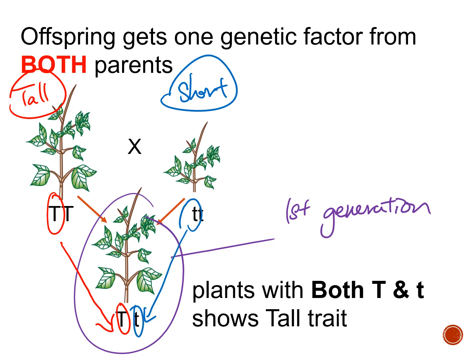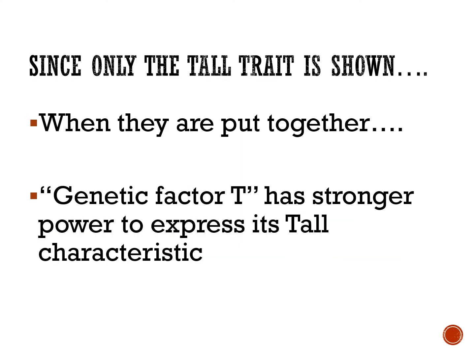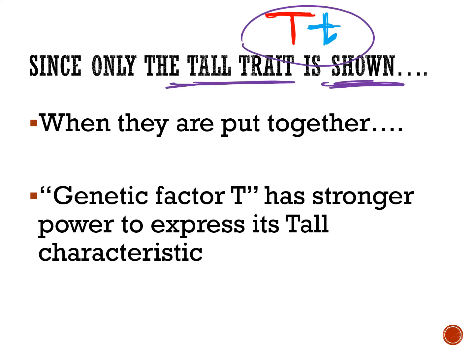Now, how does this first generation look? It is tall. The tall plant has a tall genetic factor and, at the same time, a short genetic factor altogether, but it only shows the tall trait.